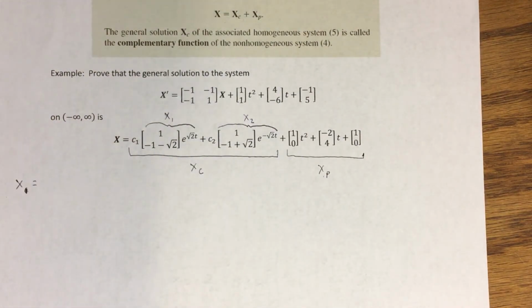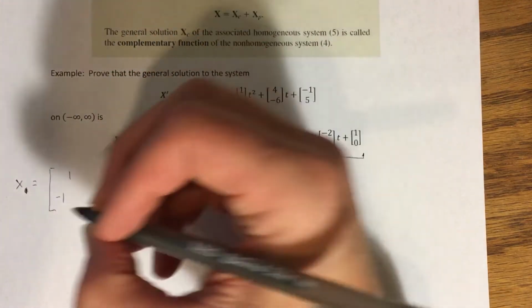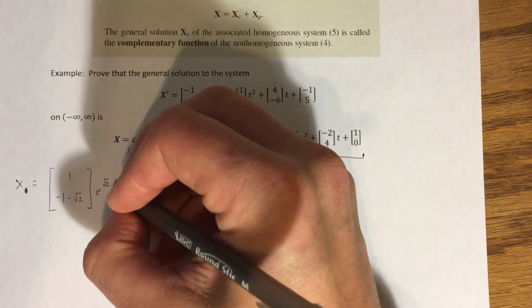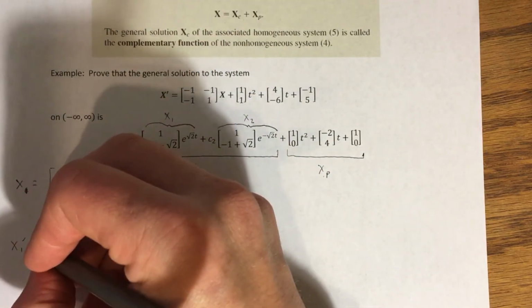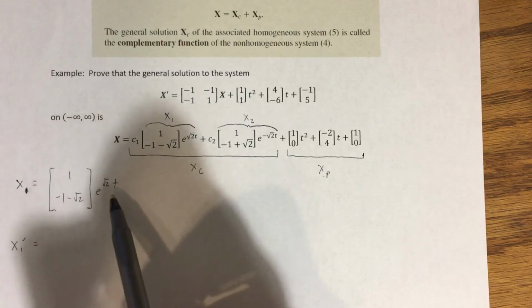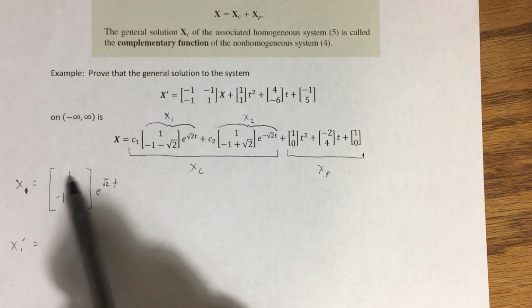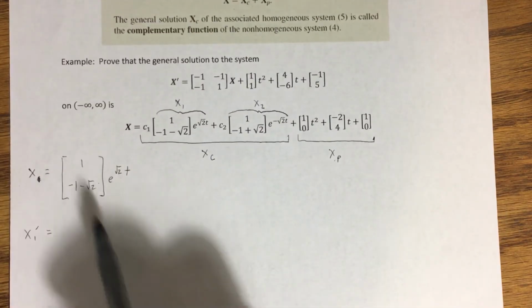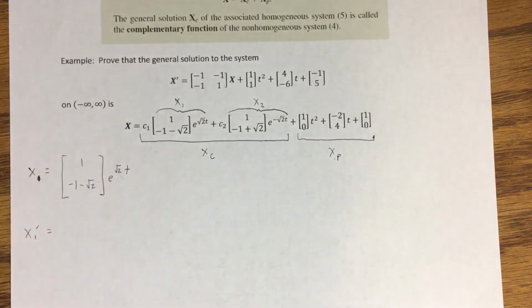So x1 is equal to (1, -1 - √2) e to the √2 t. Okay? What would x1 prime be then? Well, remember, I had said previously that even though we can multiply this exponential function in and differentiate each of these functions separately, we can also think of this matrix as a constant that's being multiplied to this function and just treat that as we would differentiating a constant times a function.